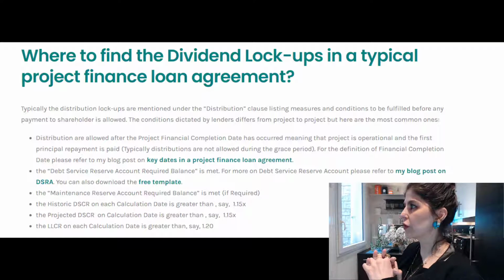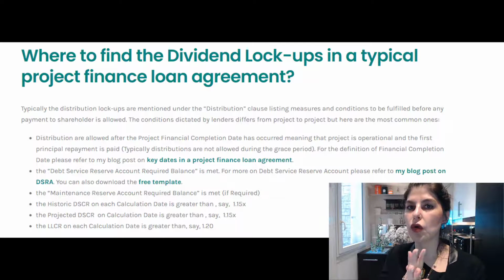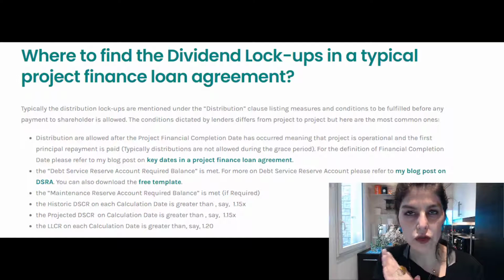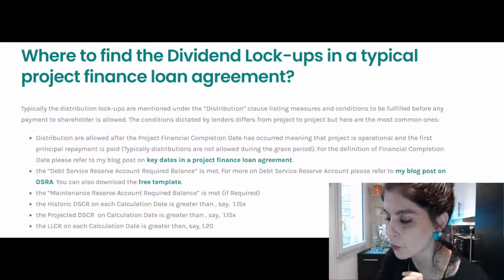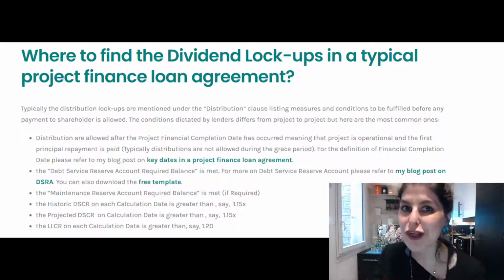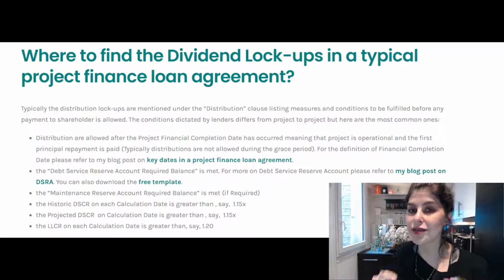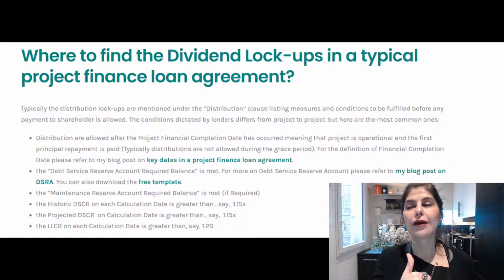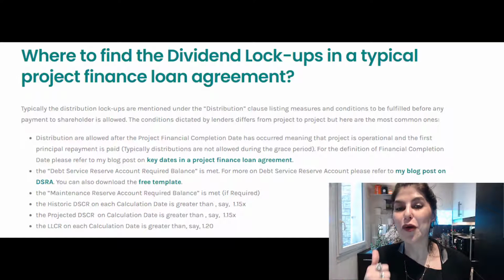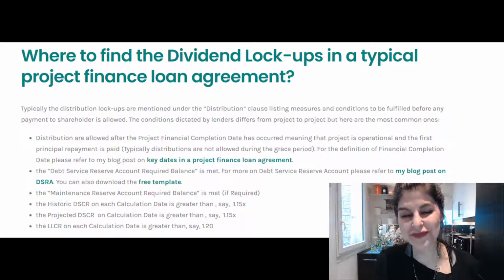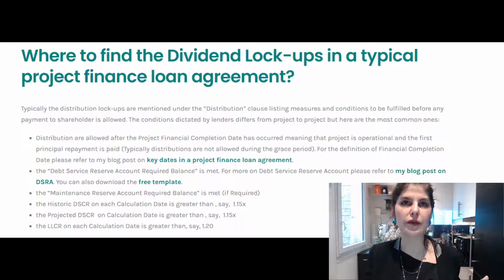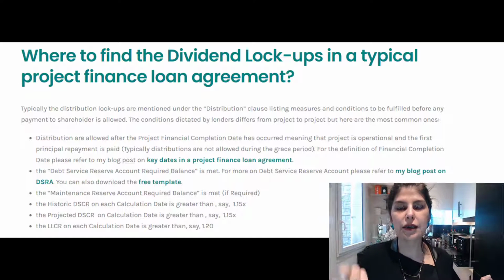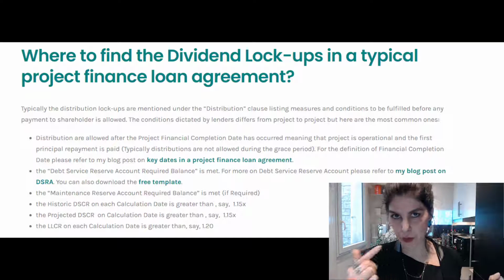So the lenders will say that until you have reached the financial completion date, you cannot distribute any dividends. And what are the conditions for reaching the financial completion date? First of all, to reach the commercial operation date, which is a definition of its own. Most of the time they say you have paid the first principal repayment.